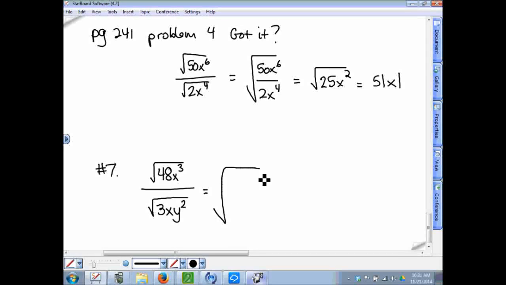Should we try to do the same thing we just did? One big giant square root of a single fraction? It's worth a shot. But there's one little problem here. I got it.